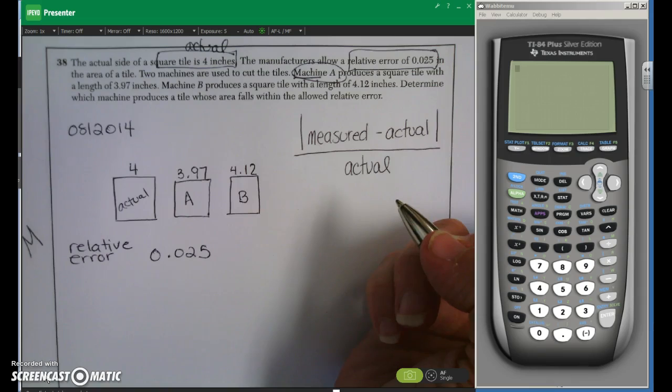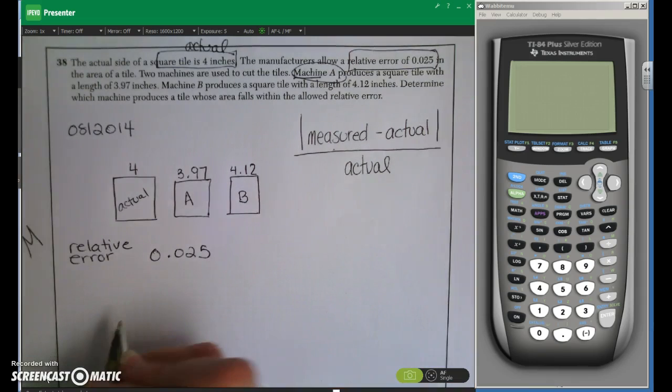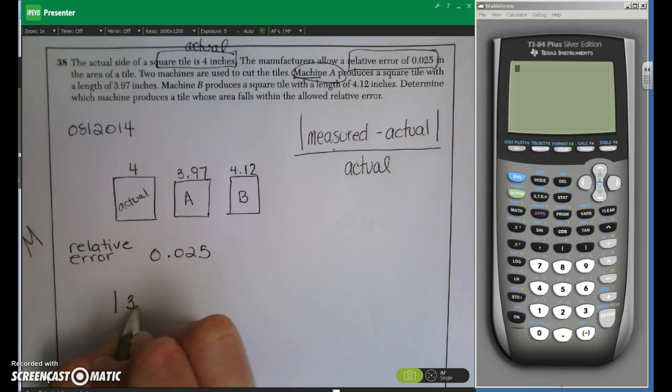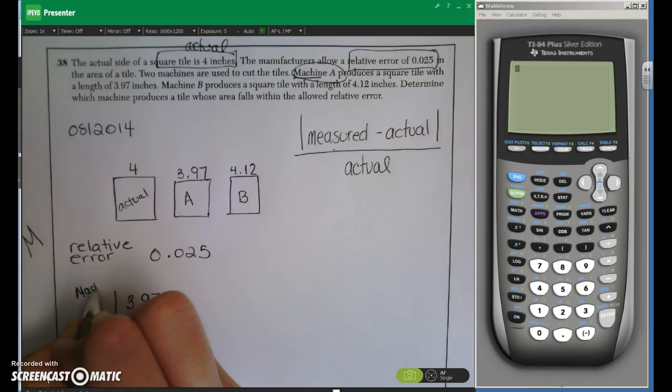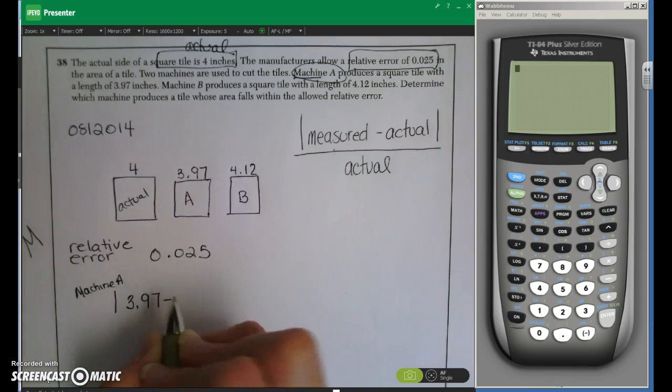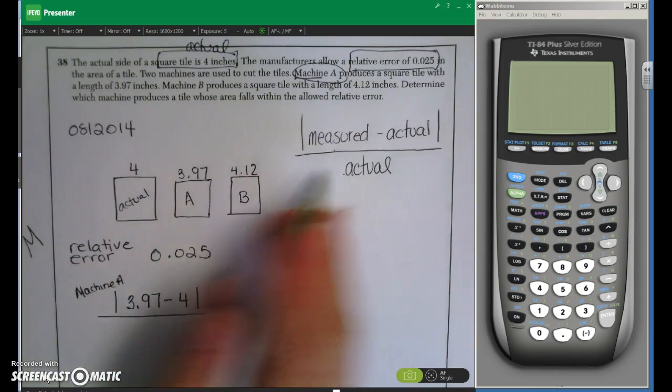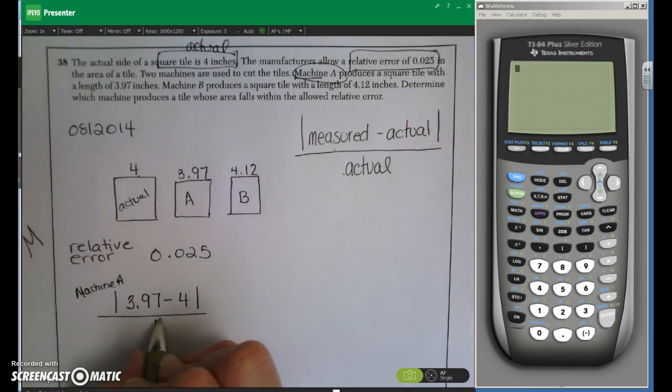Determine which machine produces a tile whose area falls within the allowed relative error. So as I mentioned before, we want the absolute value of our measured, this is for machine A, minus our actual, divided by our actual. And remember, our actual is 4.